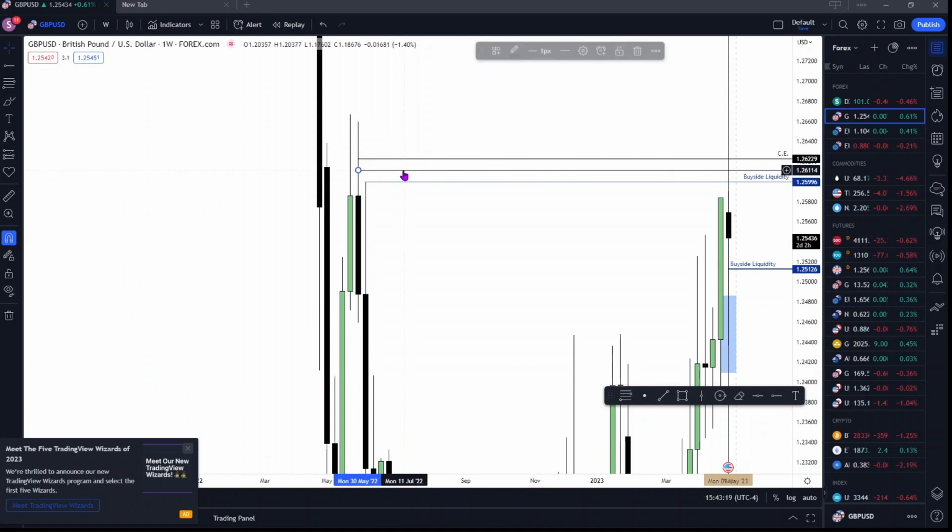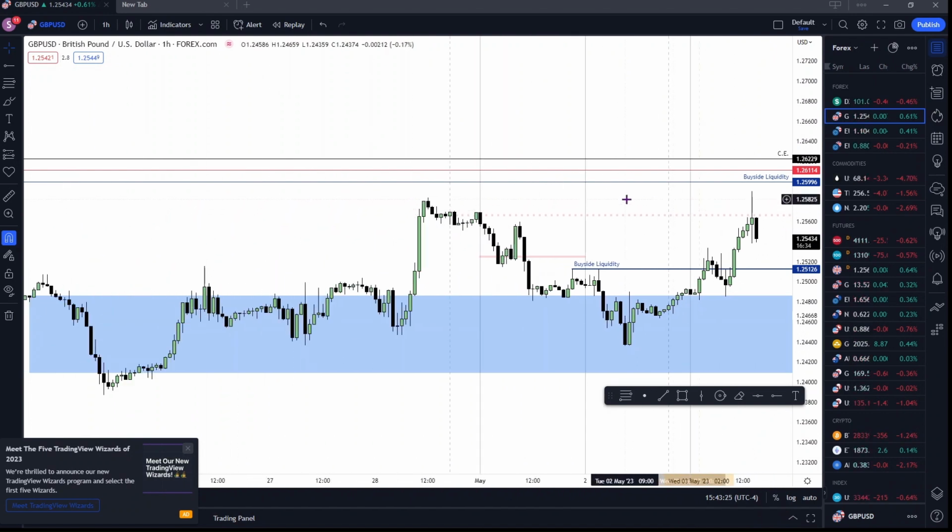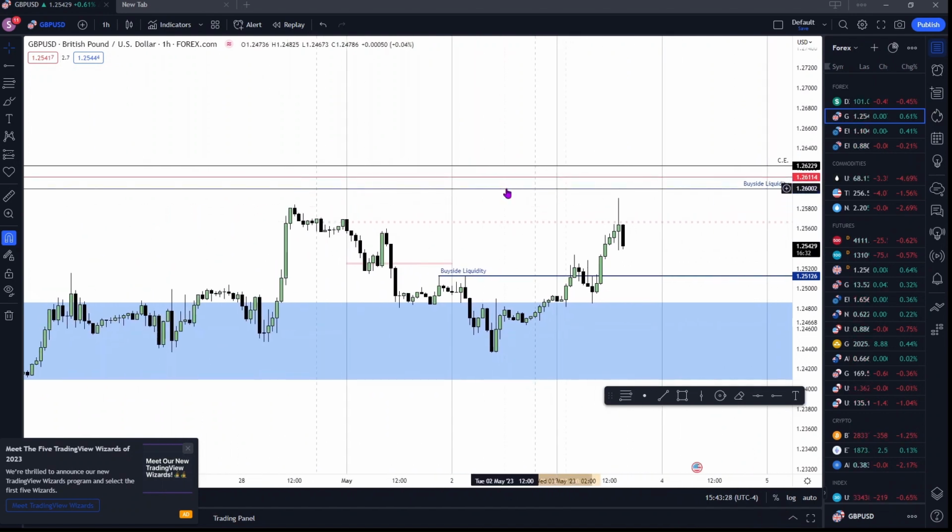There, so we'll mark that in red. And then if we drop down to the hourly, we can see, yeah, these are the levels I had marked out on Monday.